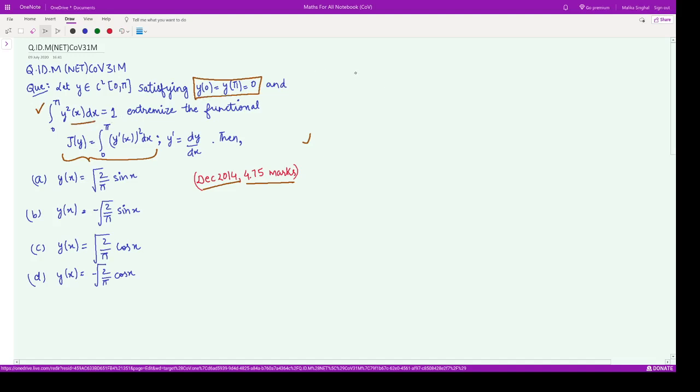So for that we have Euler's equation modified in this form. Suppose this is f and this is g, then our equation becomes: the partial derivative of f with respect to y minus d/dx of the partial derivative of f with respect to y', plus lambda times the partial derivative of g with respect to y minus d/dx of the partial derivative of g with respect to y', is equivalent to 0.